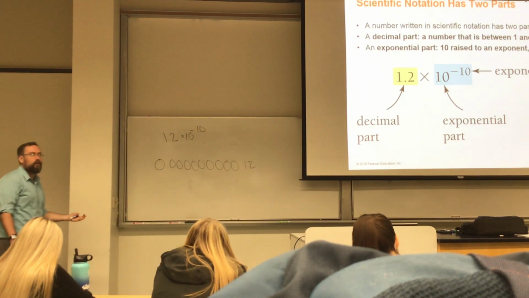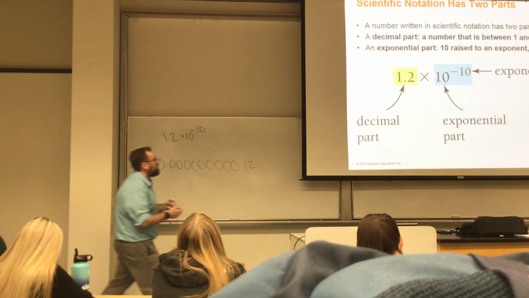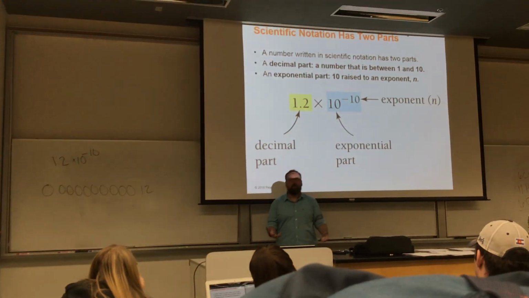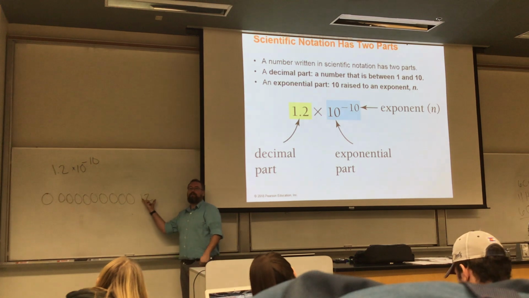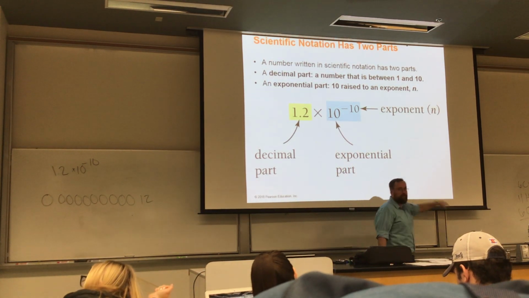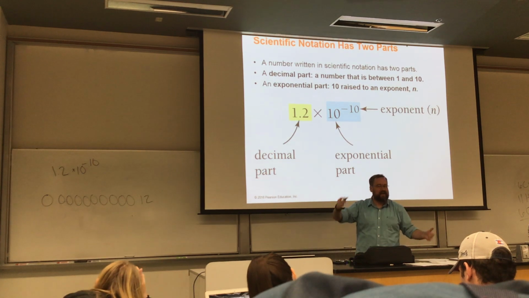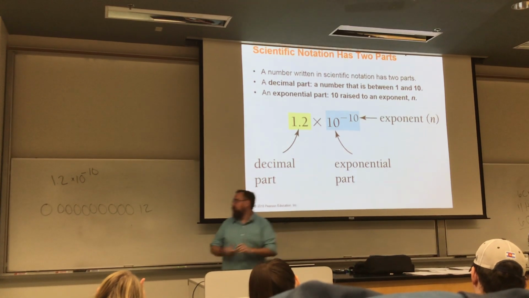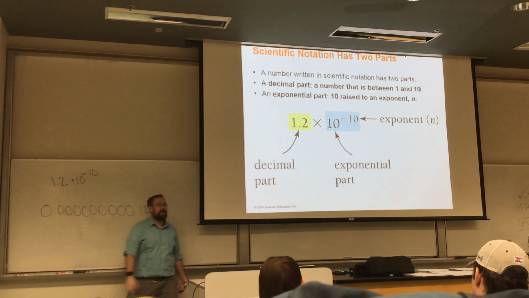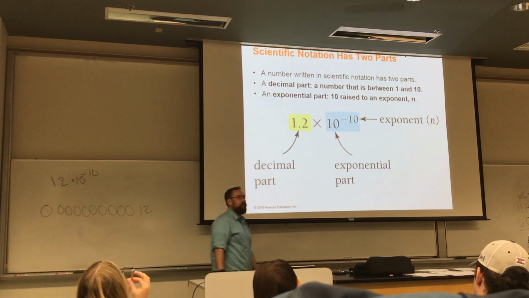So our decimal part tells us what the value is, what the actual number is, and then the exponential part, 10 to the exponent, tells us what direction we need to shift our decimal place, whether it gets really big numbers or really small numbers.